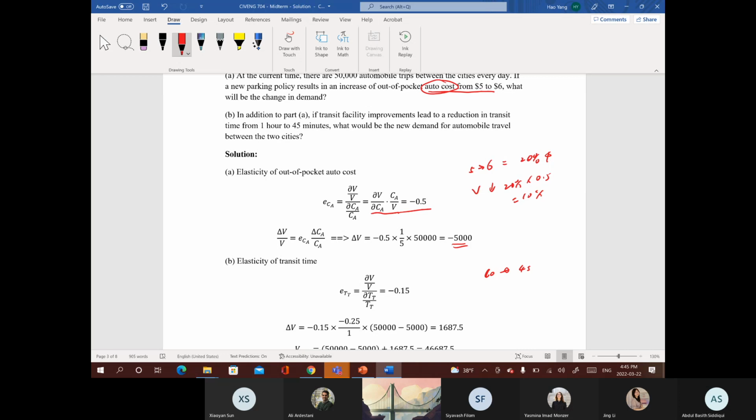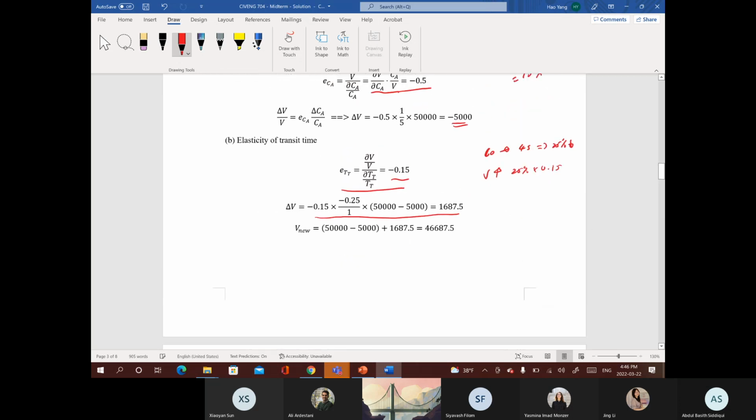That is about a 25% reduction. You can then check the cross elasticity of the volume with respect to the transit time. That is minus 0.15. In that sense, the volume increase will be 25 times 0.15, and it can be shown in this equation.